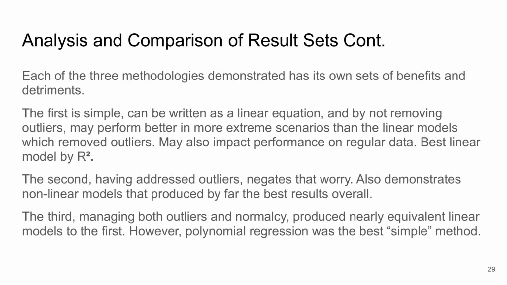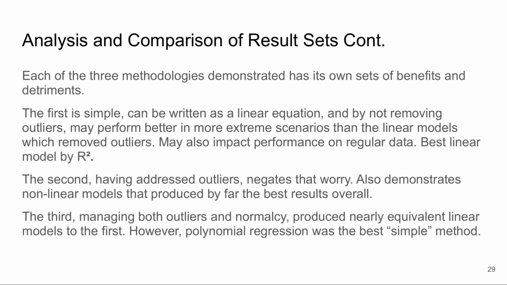The second methodology, having addressed the outliers, negates the worry of not removing outliers. And also, it demonstrates additional nonlinear models, which turn out to perform the best overall compared to all the other methodologies.